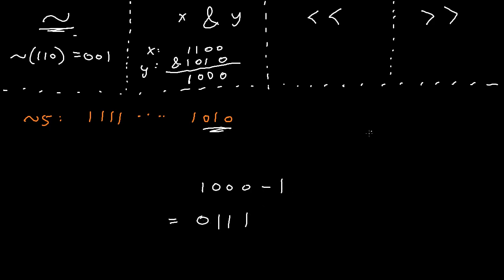So you can think of this in our base 10 world. If we have 10 and we minus 1, we're going to get 9. So 10 minus 1, we get the largest value of this digit beforehand.